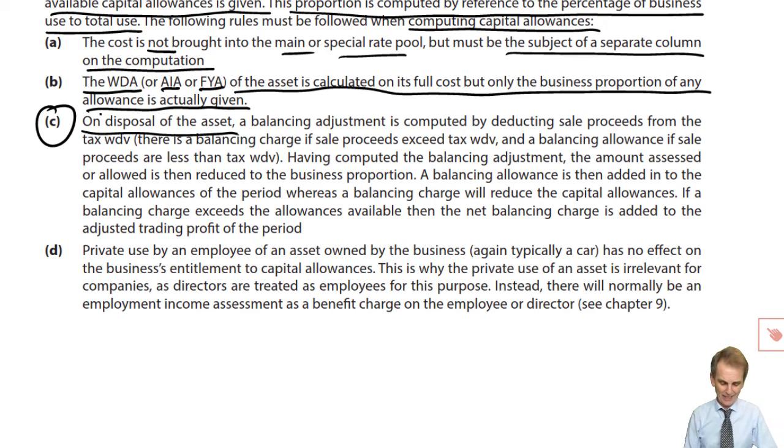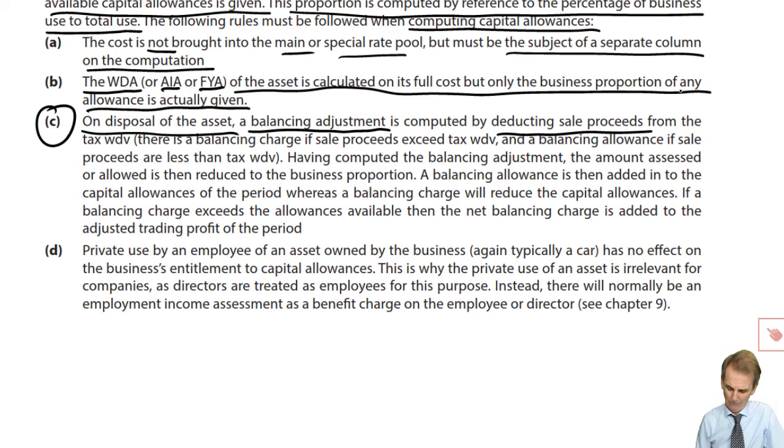And in note C of this particular section of dealing with our disposals, dealing with again, assets which are non-pool assets, we're told on the disposal of the asset, a balancing adjustment is computed by deducting sales proceeds, but remember, to a maximum of original cost.